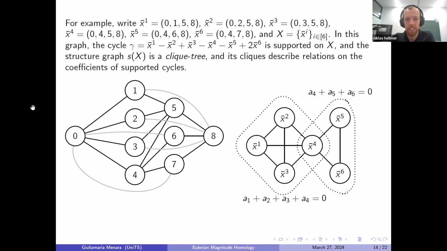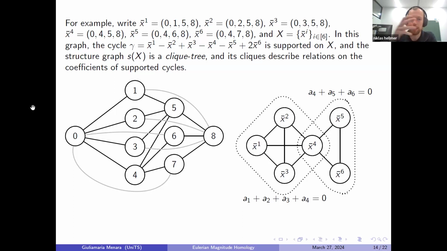Hi, Julia. I got very excited when you mentioned that you have some results on the random geometric graphs. I was wondering whether there are some implications on the magnitude function of this point cloud, or what is in general the relation between your Eulerian magnitude homology and the magnitude function.